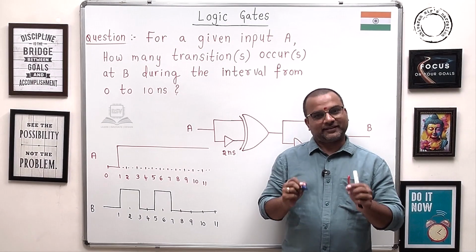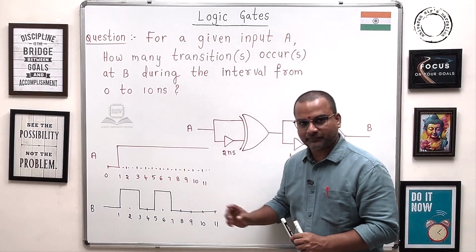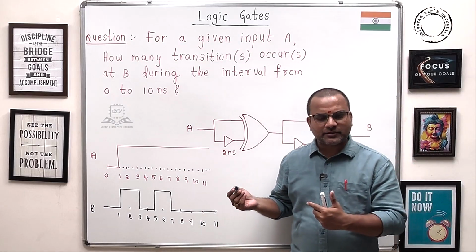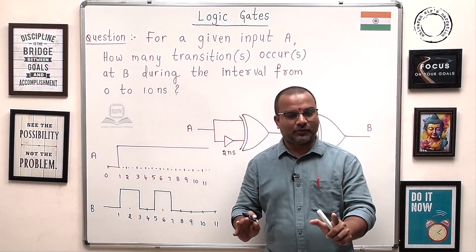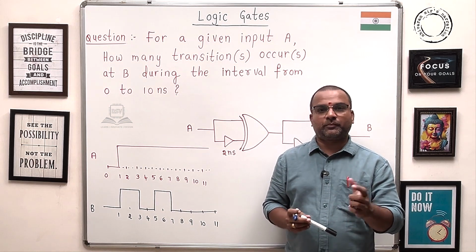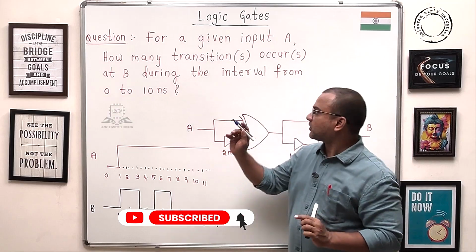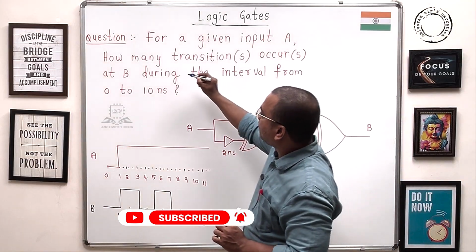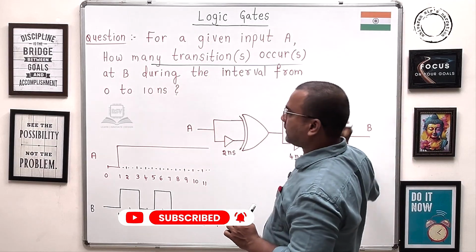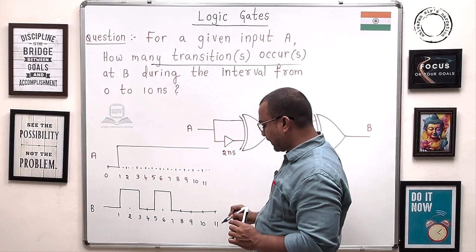Welcome back. Now guys, the output waveform, this one. Did they ask you to draw the output waveform? No. They're asking how many times the output waveform makes a transition, that is, 0 to 1 or 1 to 0. How many transitions occur at B during the interval from 0 to 10 nanoseconds?